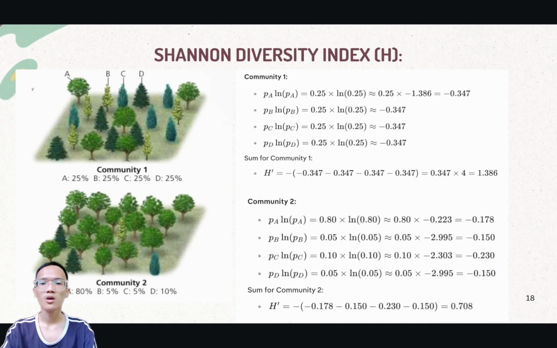0.347. Multiply that by 4 because we have 4 same values with A, B, C, and D, and we will have the approximate value of 1.386. Do this with community 2 and we will have an approximate equation of 0.708.